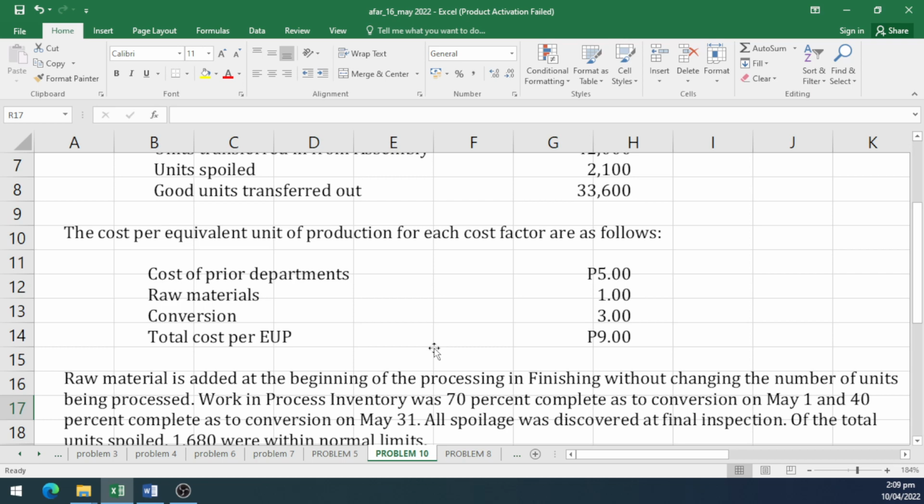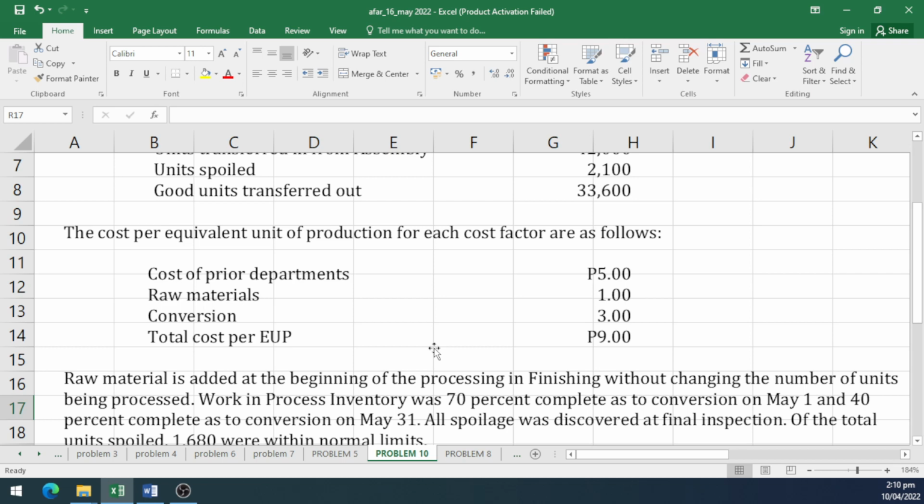For normal loss, we compute the EUP, we determine the cost of normal spoilage, and that will be absorbed by the units completed. For abnormal spoilage discovered at the end, we compute the EUP, we compute the cost of abnormal spoilage, then we write it off to loss during the period.